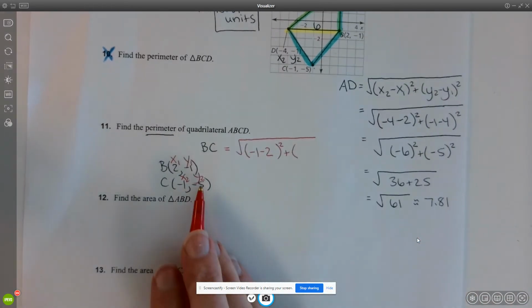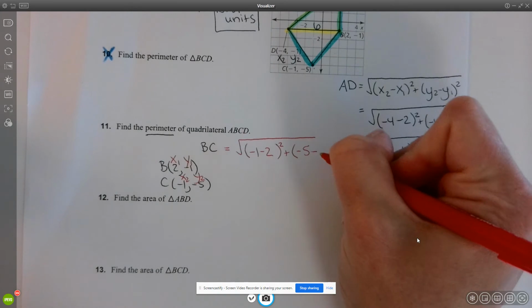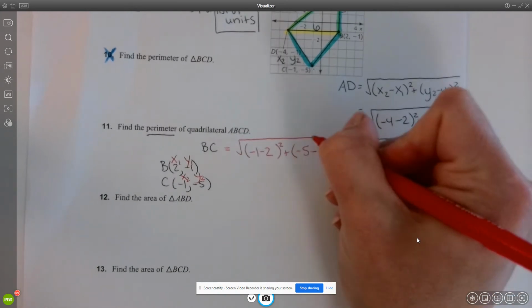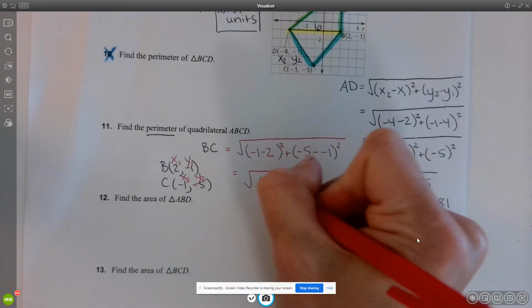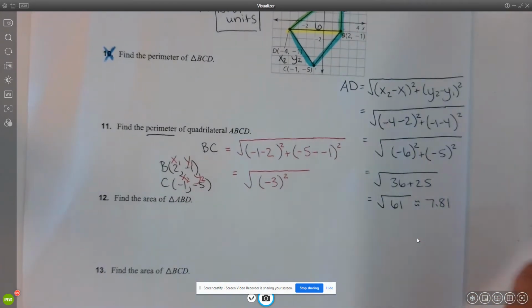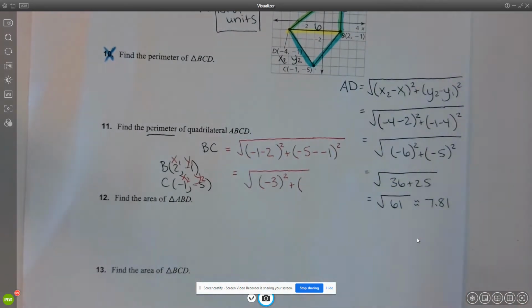And y2 minus y1 is negative 5 minus negative 1. Negative 5 minus negative 1, remember, that's the same thing as adding.